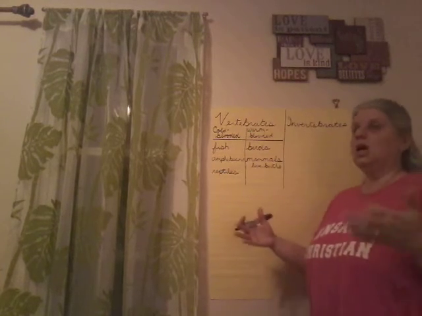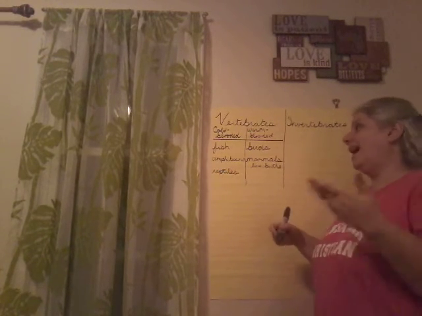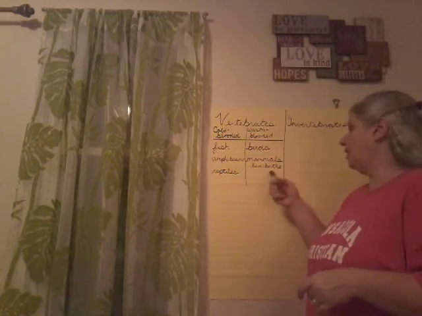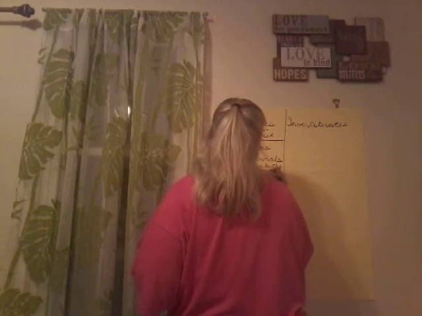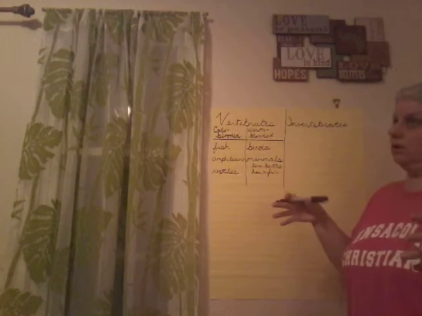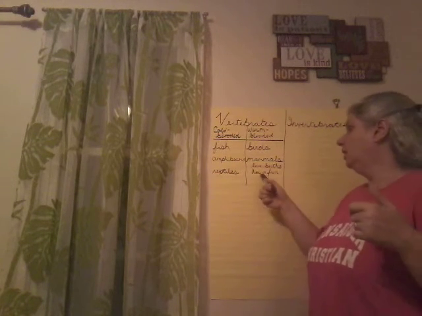All right, to be a mammal, they have to have live births. That just means that the babies come out alive. They don't hatch, so they have to come out alive. They have hair or fur. Remember we talked about fur being just a lot of hair, long hair. Hair or fur. They breathe with lungs.